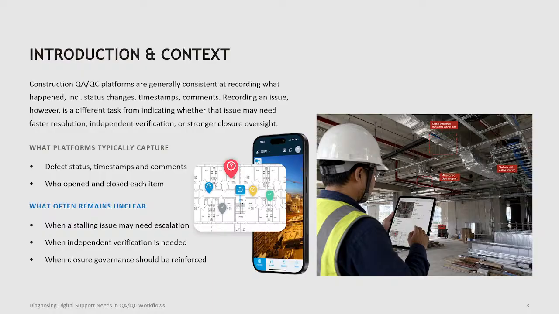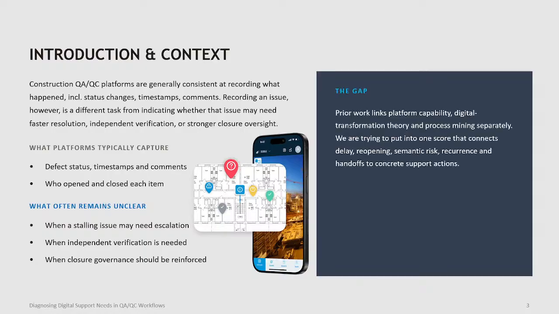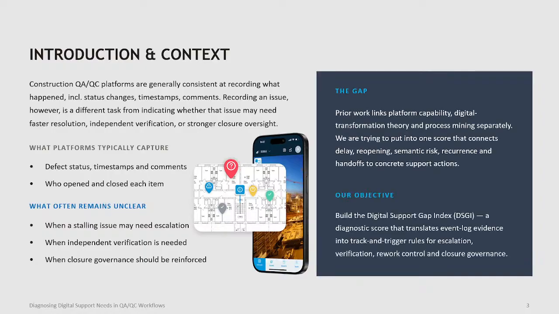But what they are not good at is what stands behind the transition, how those events are being resolved or remain idle sometimes. So we found this gap, and we would like to address it using a case study and process mining, and propose to the industry the Digital Support Gap Index, DSGI.